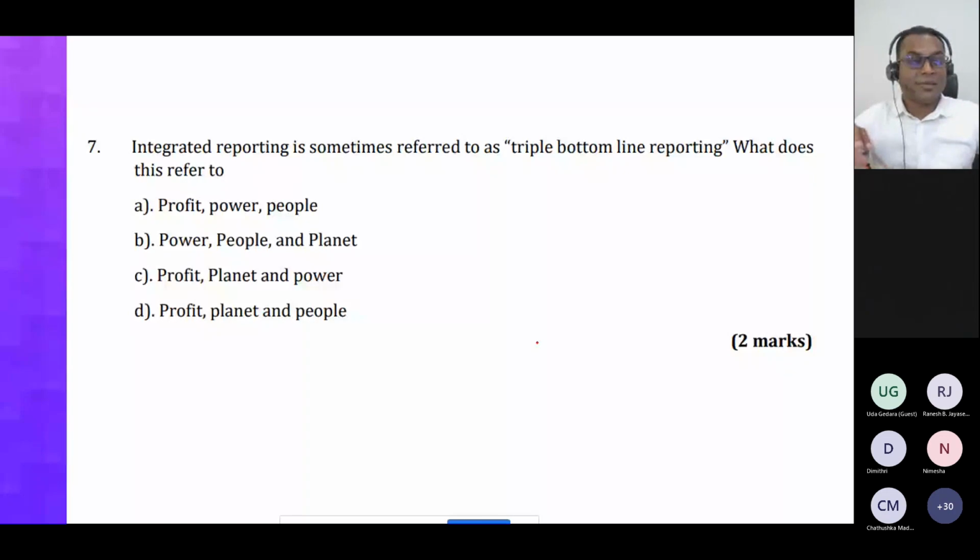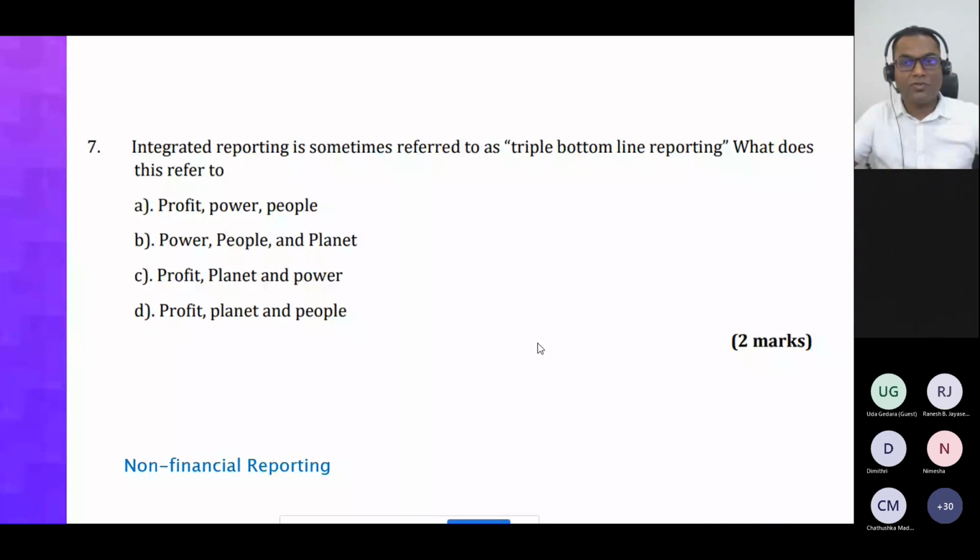So what is integrated reporting? What is the area in which this particular question is tested? Obviously non-financial reporting, right? Important area. In non-financial reporting, you have different types of reporting like sustainability reporting, integrated reporting, triple bottom line reporting. Now, if you look at integrated reporting, what it talks about is value creation.